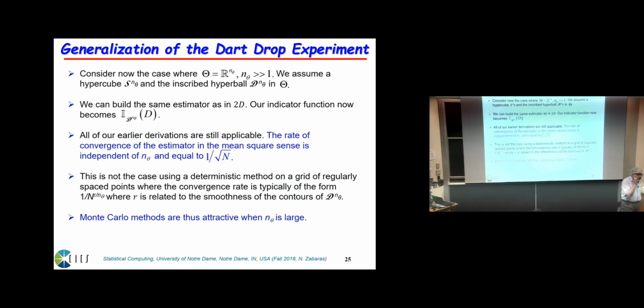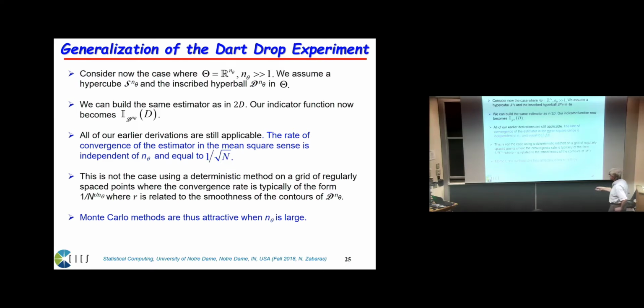So effectively, with deterministic methods, and I will show you numbers, to get the convergence rate that you get with Monte Carlo, you're going to have to use more and more n to match that convergence. Otherwise, for a given n, the convergence here is way worse, because it's 1 over the number of dimensions of the problem.